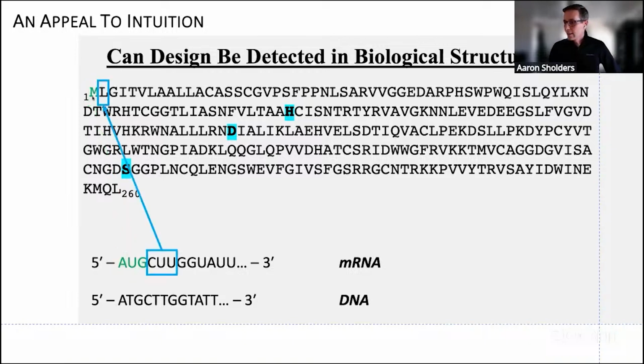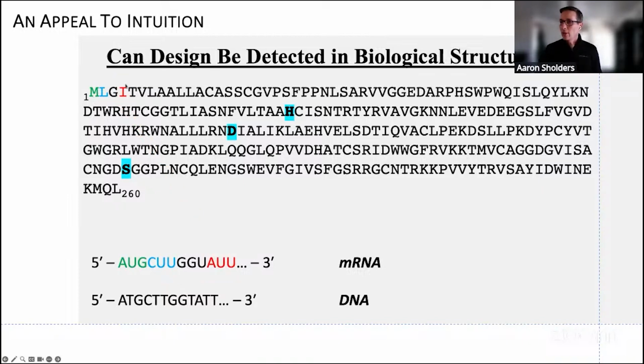The next codon, CUU, encodes an L or a leucine. The next 3 letters, GGU, encode glycine. The next 3 letters, AUU, encode an isoleucine.